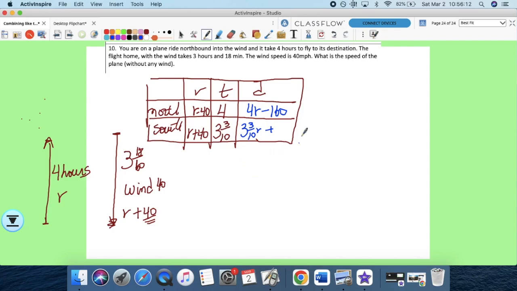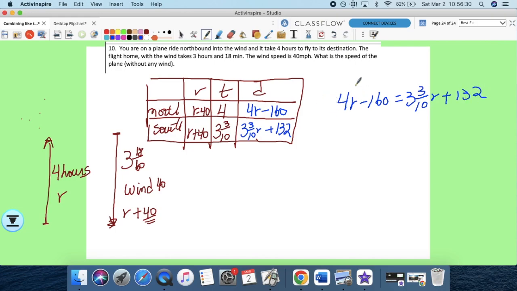That's going to give us 132. So now I know the distances are equal to each other: 4r minus 160 equals 3 and 3/10 r plus 132.